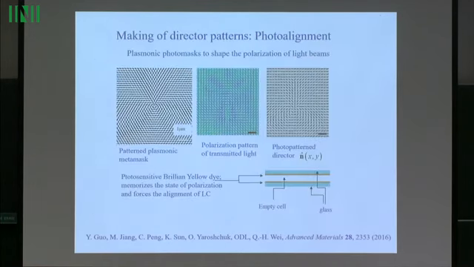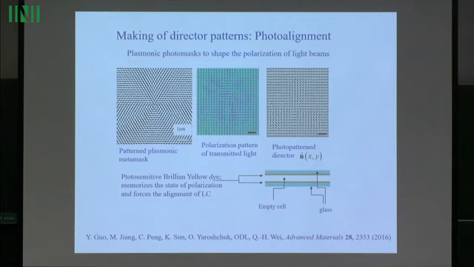And now if you create a mask in which these nanoslits form a geometrical pattern that changes from point to point, the light that goes through would acquire linear polarization locally, and globally it will be shaped by the geometry of this mask.